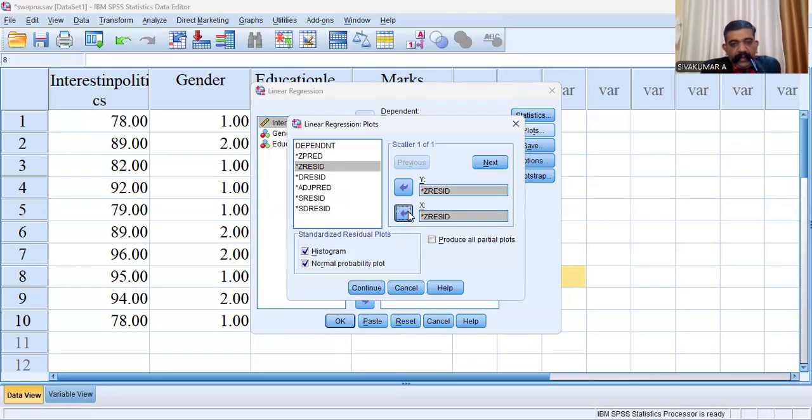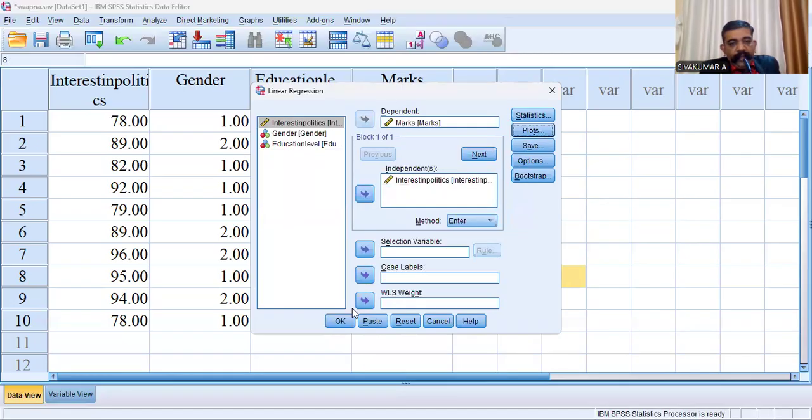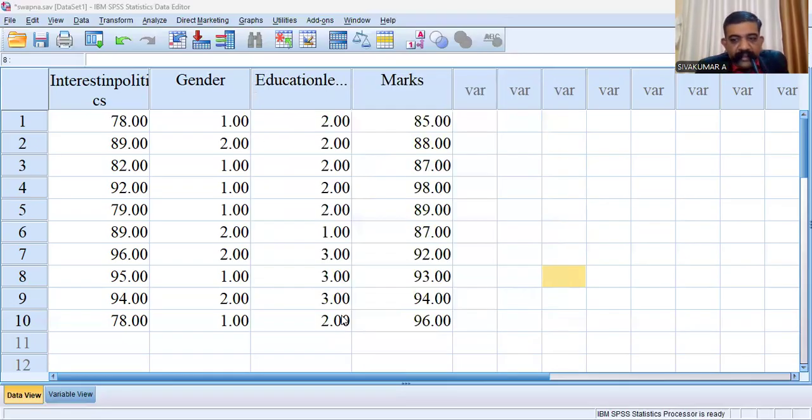Yes, in Y, ZRESID, that is correct. In X, ZPRED. X axis ZPRED, Y axis ZRESID, correct. Then please click histogram, normal probability plot, then continue, then okay, then the researcher will get the output.